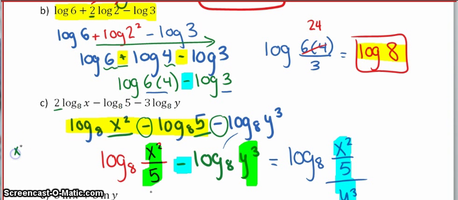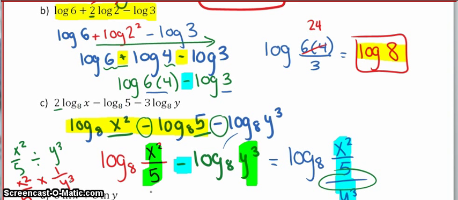Okay, so this really says we're taking x squared divided by 5, and the subtraction sign here means we're dividing that all by y to the third. Okay, really, if you're dividing, it's the same thing as multiplying by a fraction. So we can change this division sign to a multiplication sign, and that's like saying I want to take x squared divided by 5 and multiply that by the fraction 1 over y to the third.